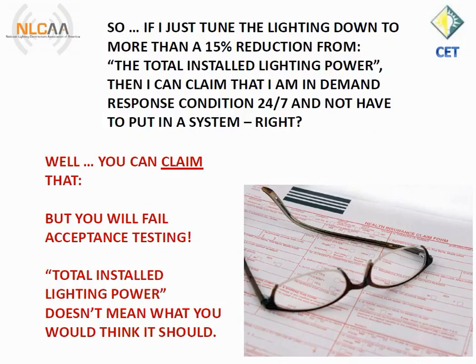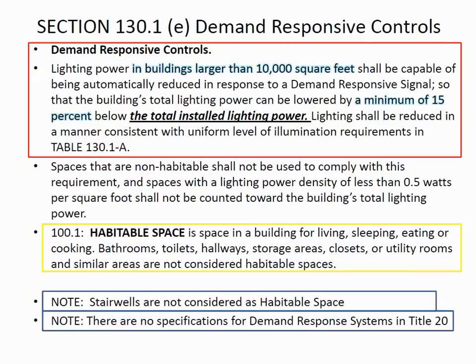Look, the lighting in a non-residential building is expected to come down from design full output during a demand response event, period. When you look at their definition here of demand responsive control, their specification, it says the building's total lighting power can be lowered by a minimum of 15%.